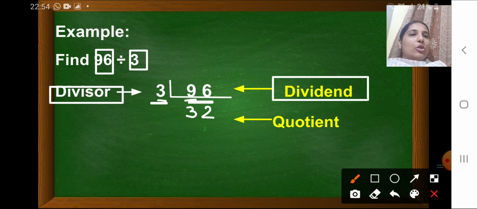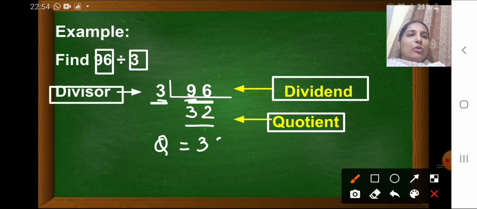So 3 twos are 6. Now there are no digits left in the dividend, isn't it? All the numbers are completely divisible. So the number that you get here is the quotient. What is the quotient obtained here, children? Quotient is 32, whereas remainder is 0.